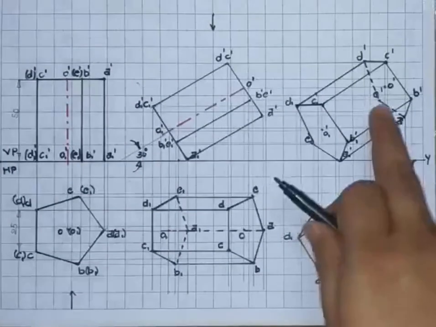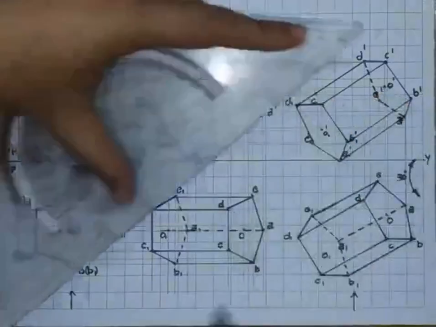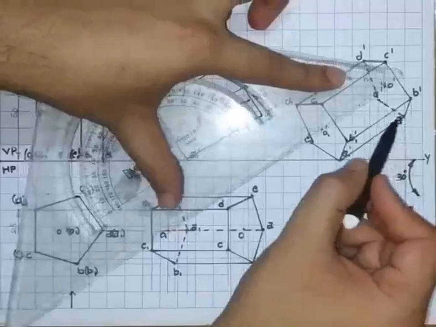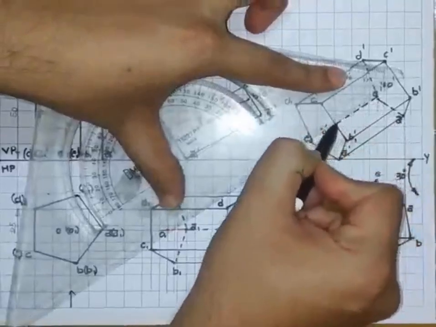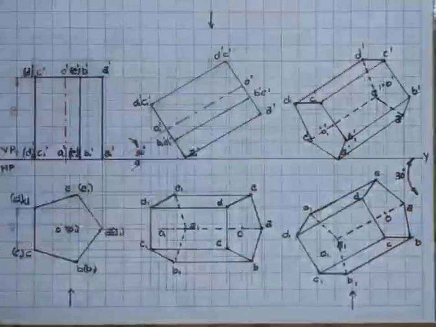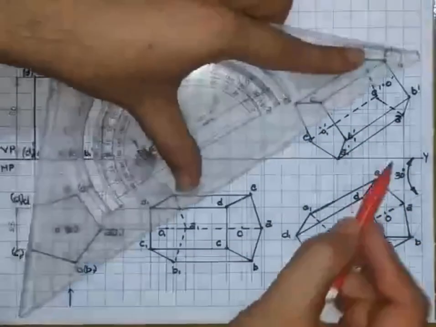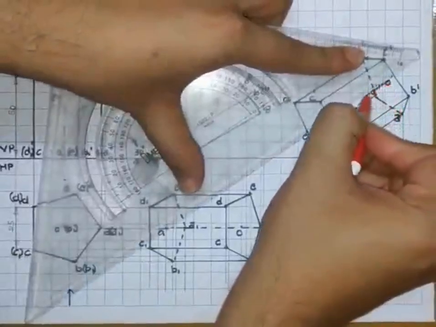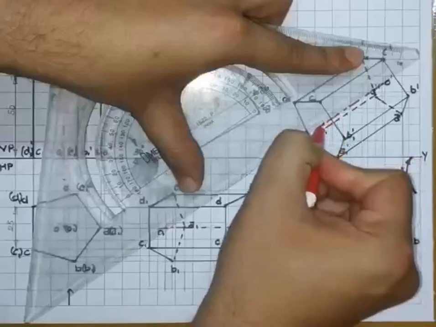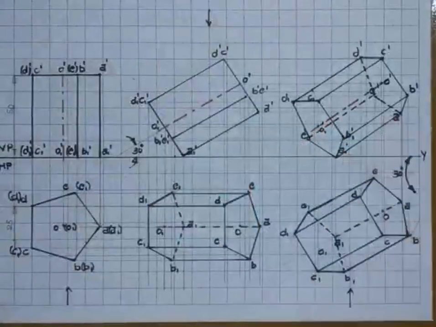If E is invisible, the edge connecting E to E1 will also be invisible. So connect that with a dashed line. And also connect the axis.